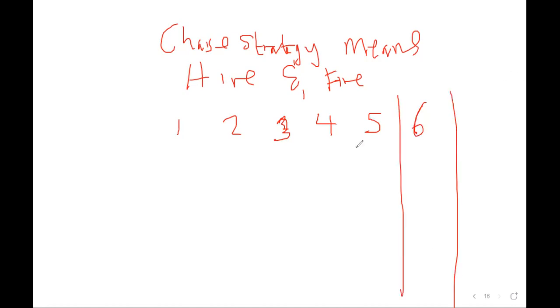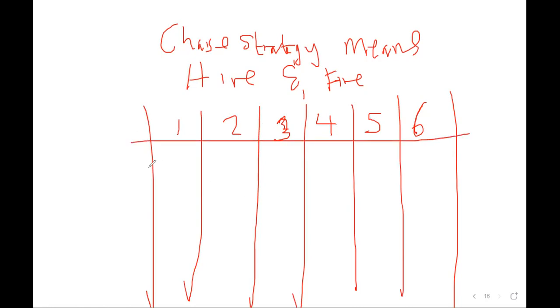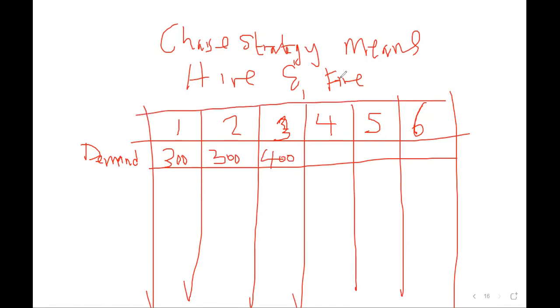So what are we saying? Our demand, what did we have for our demand? This was our demand. Demand was 300. Also 300. We had the 400. And what else?